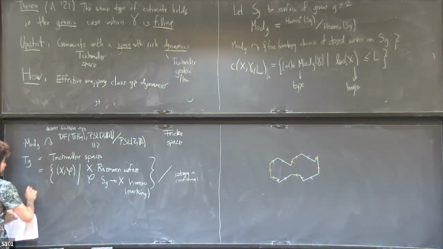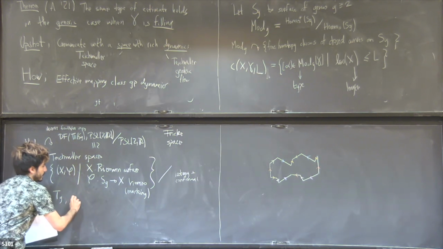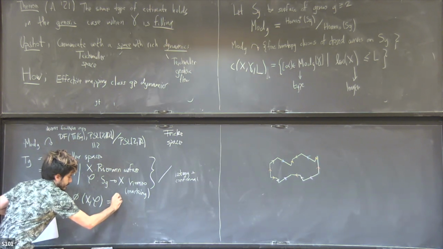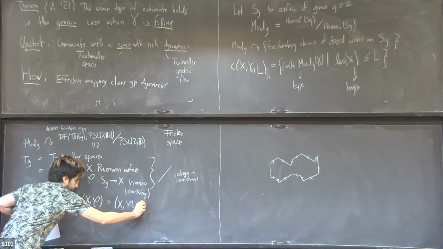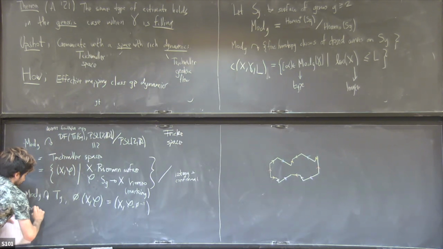The action of the mapping class group when I write the frequency space as the Teichmüller space is very simple. How does it act? Phi applied to a marked surface is just the same surface, but with a different mark. This action is properly discontinuous.